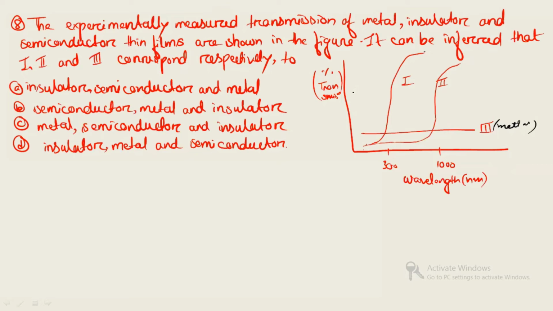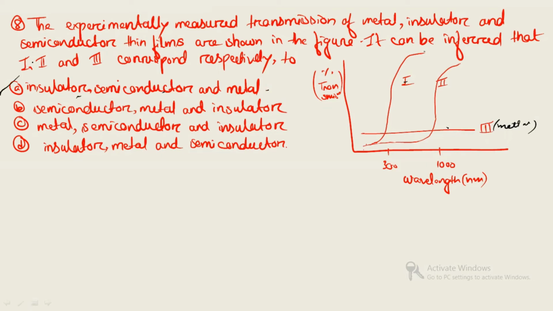So you can see which curve will represent the insulator, the first one, and the second one will represent semiconductor. So what will be the option? The third is metal, the second one is semiconductor, and the first one is insulator. So the correct option is option A.